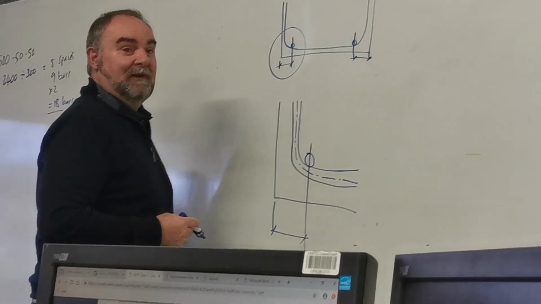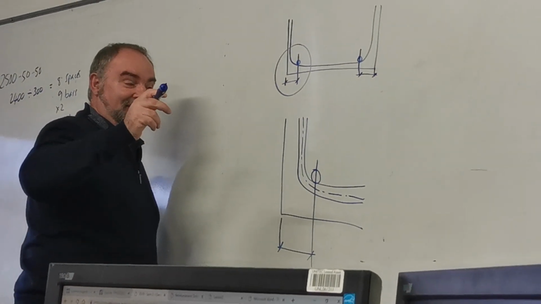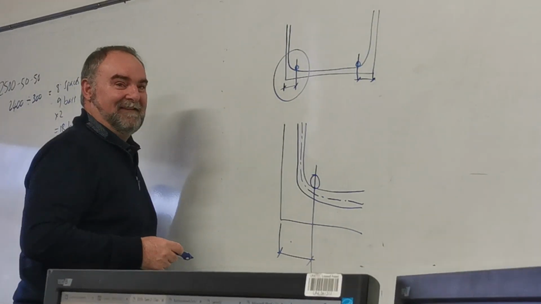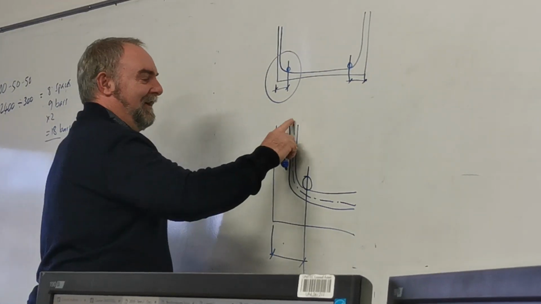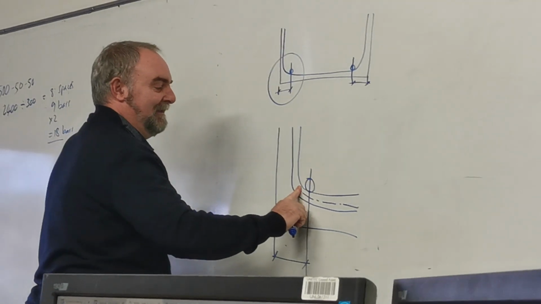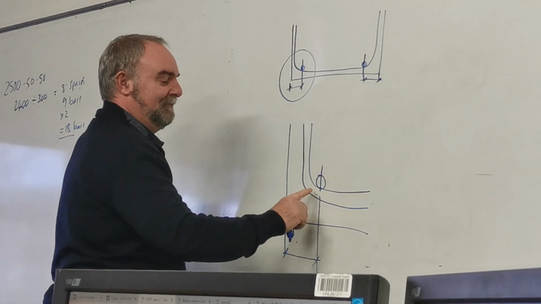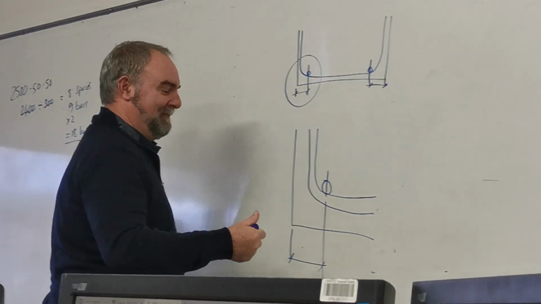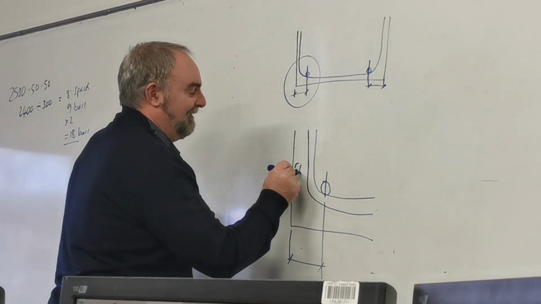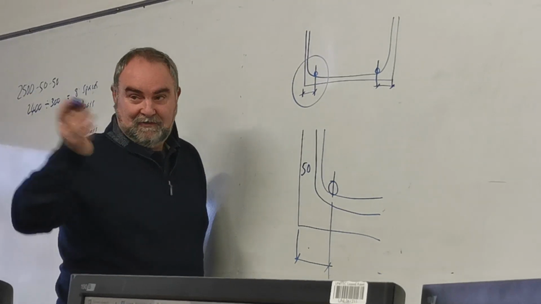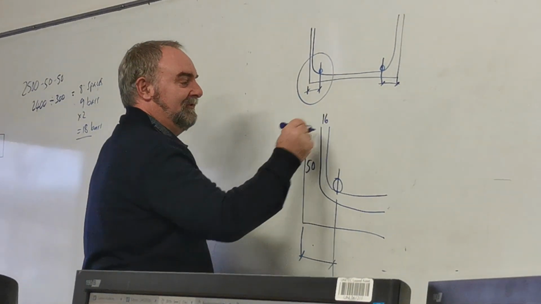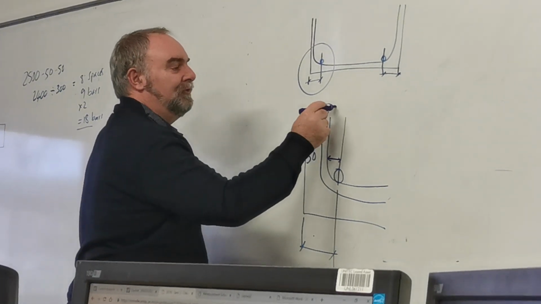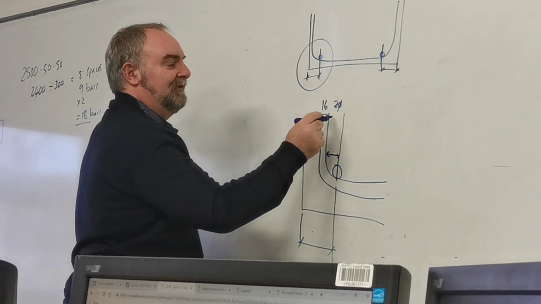You're getting close though. Do you want to have one more go? Give us a distance. I don't want to embarrass you, but if you want to have a crack, yell the number out, and then you can give me back the half a mark after that if you want. No? Okay. 50 cover, right? Like you said, bar diameter, which is 16. This distance here is equal to 2 times the diameter, which equals 32.